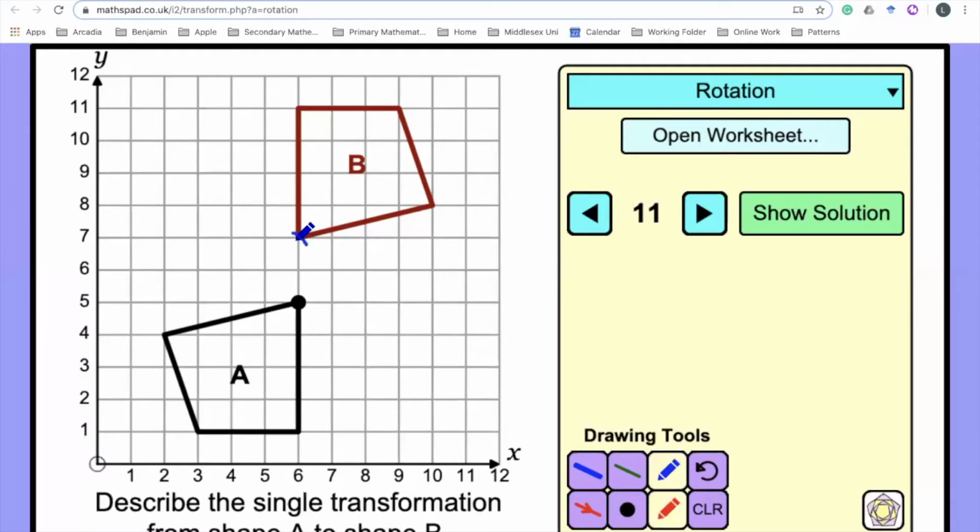This point here is the same as this point here. Remember we did congruent, so they are congruent shapes. So if I actually cut out shape A and put it on top of shape B, these 2 points are the same. So I think this one isn't that difficult. If you want, try and tell me now what you think the coordinates is of the center of rotation.